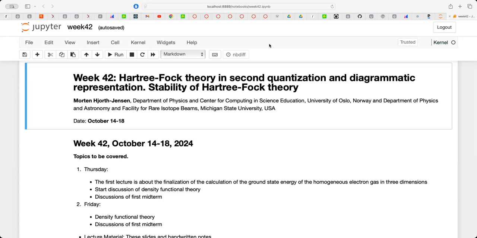But for us, it serves also as the entry point to a widely popular many-body method, which is called density functional theory. And Kohn, who was one of the people who developed the theory, was awarded the Nobel Prize in chemistry for computational quantum chemistry in '98.